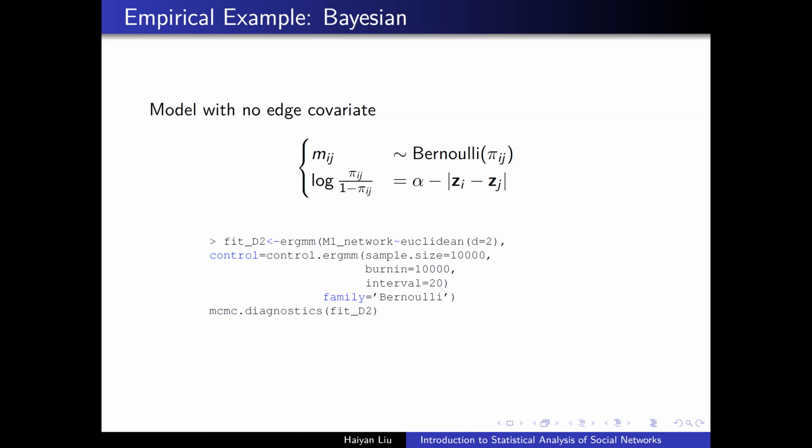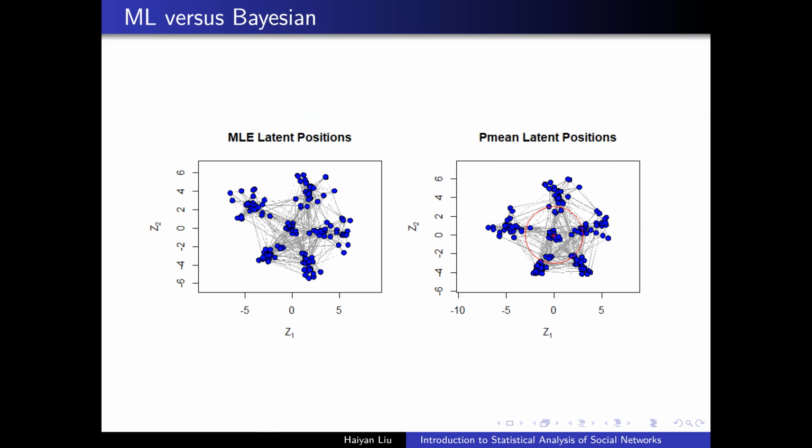After the MCMC algorithm completes, for each of the parameters and also the latent position of each actor in the network, we have a Markov chain. Then we need to do convergence diagnosis, using MCMC diagnostics. If your chain converges, then we can use the remaining samples to do analysis.